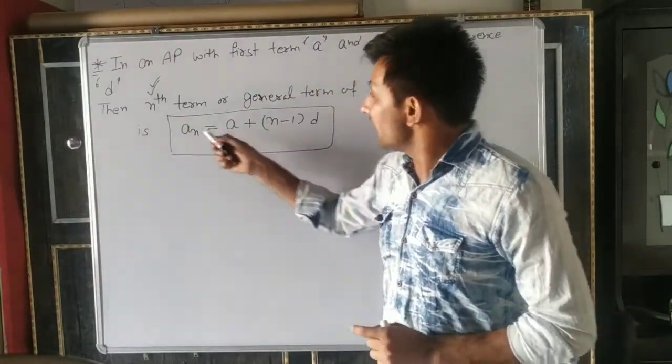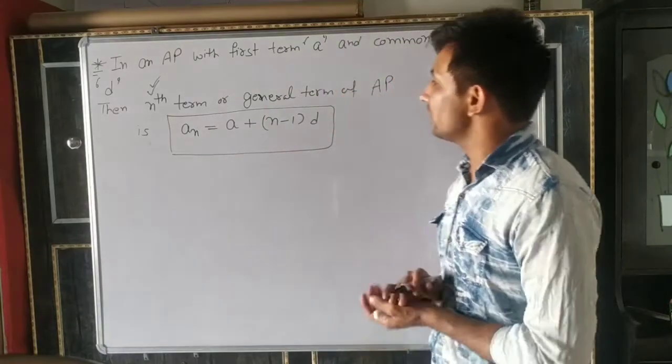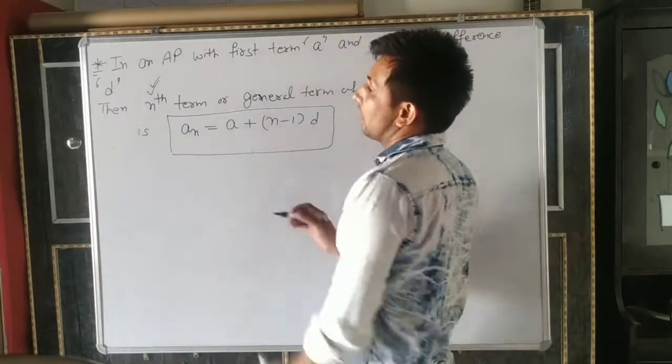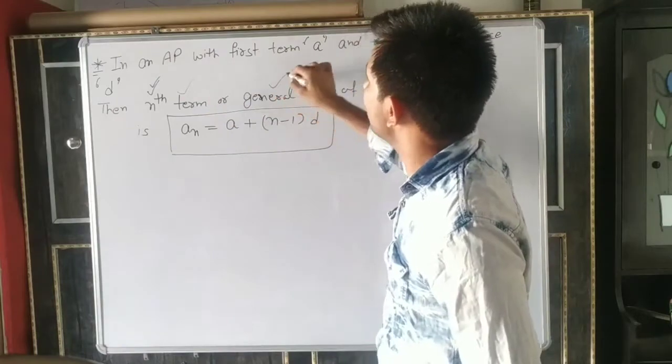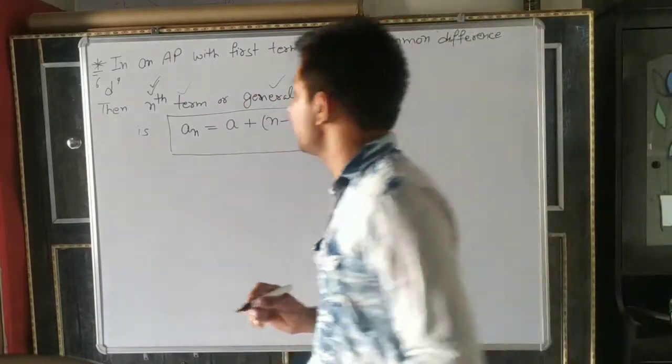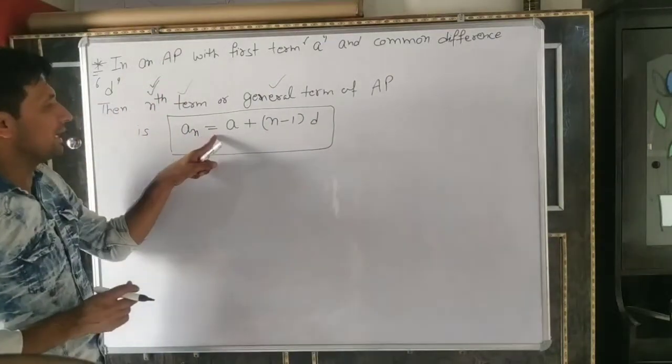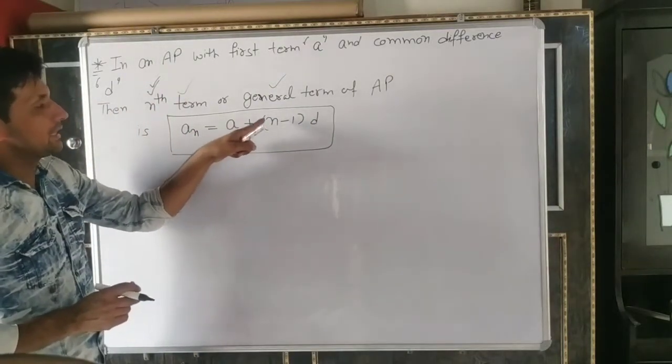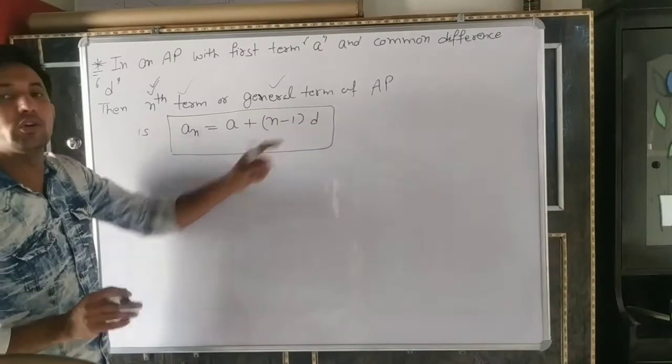And an is the nth term, or you can say the general term. Both are the same. Of an AP, what is the formula? An equals A plus n minus 1 into D.